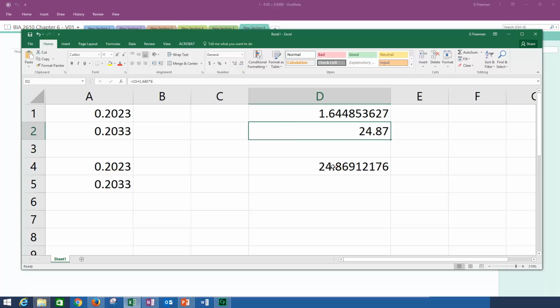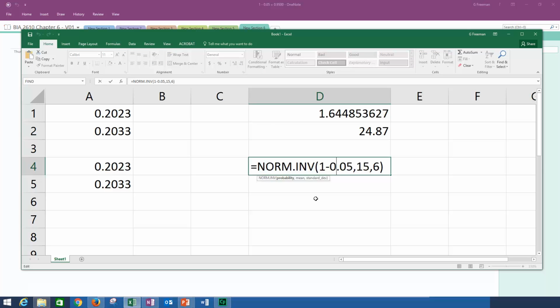So we can come up with this number just by using that function. I want the value that's going to give me the 0.95 probability when the mean is 15 and the standard deviation is 6. It goes through and does that mu plus z times sigma for you to figure out what the number is.